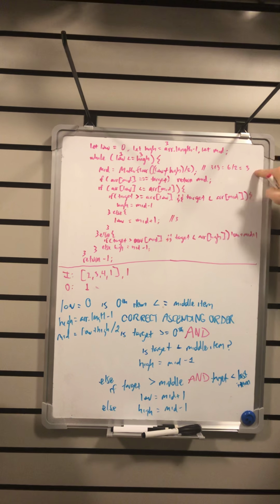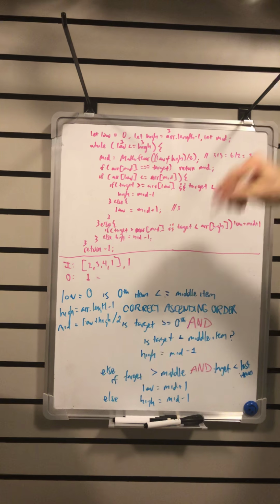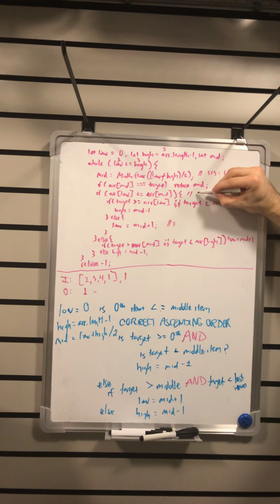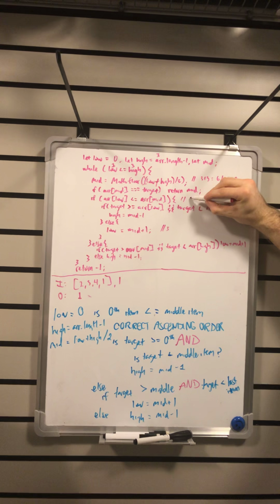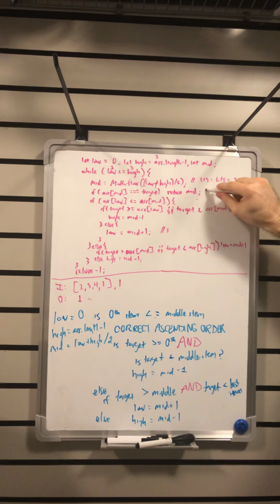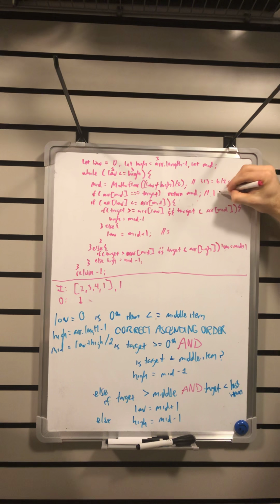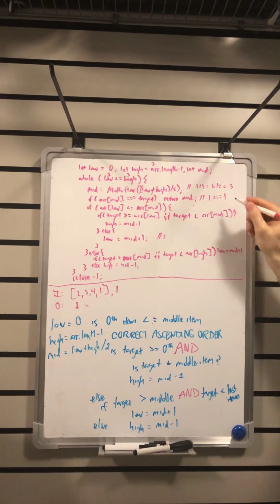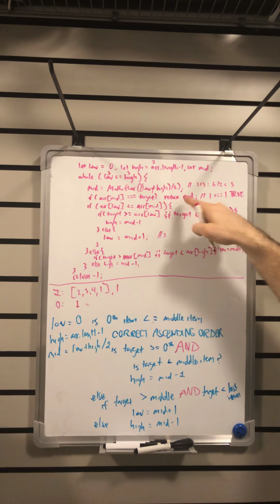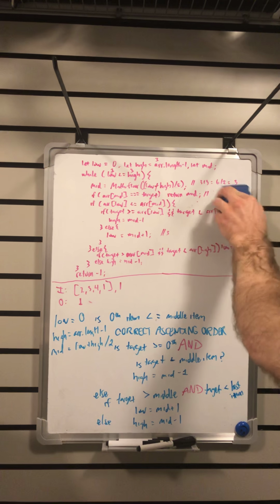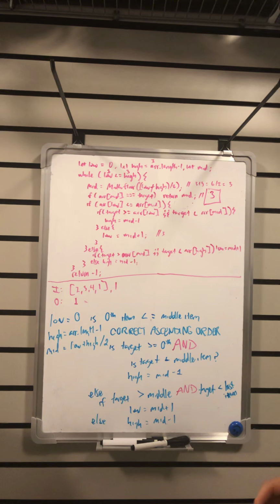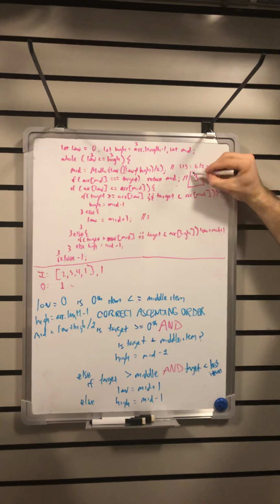That gives us 3, which is our high and our low. We check, is the item at that position, which is 1, equal to 1? It is. That's true. So then we return mid, which means we will return 3. And that is our answer. And that is how you solve this problem.